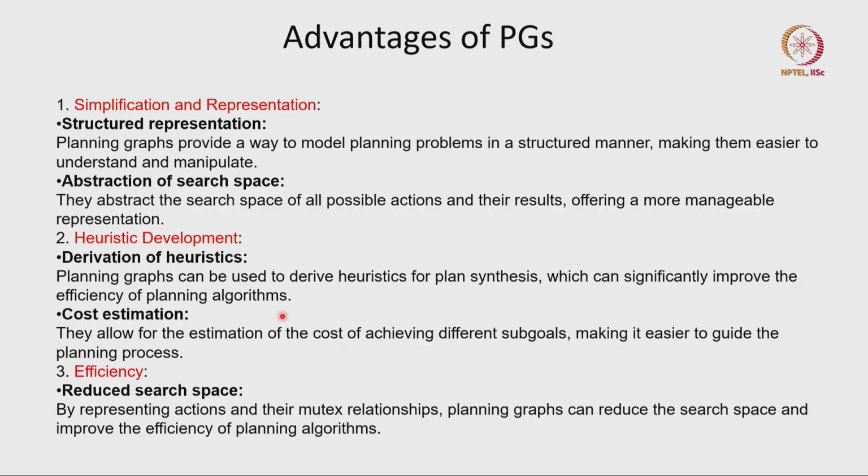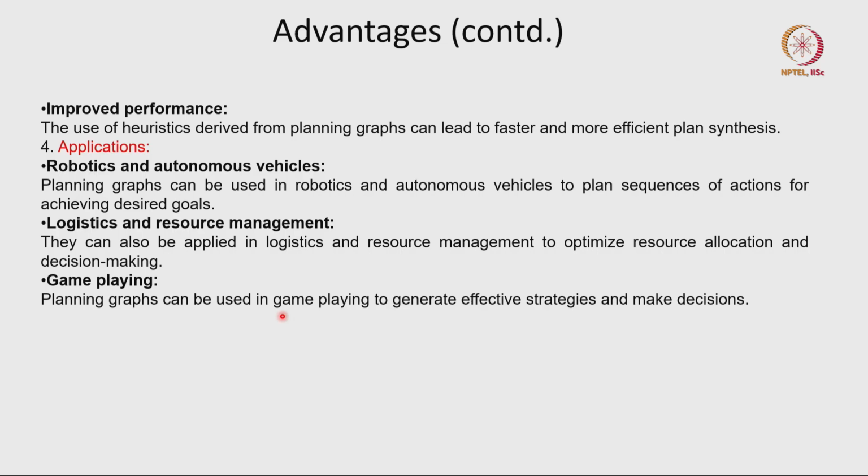So if you have a number of plans that are possible, you can estimate the cost and see which one is a better plan to use. And because you are reducing the search space, you find that there is some type of efficiency which results in the planning problem. Okay. Improved performance because of the use of heuristics. It can lead to faster and more efficient plan synthesis.